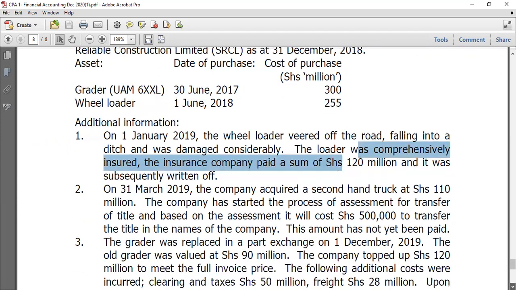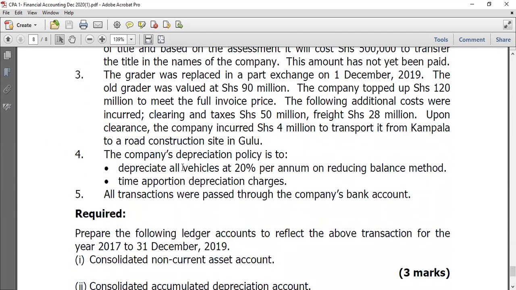Now, the depreciation policy tells us that we should depreciate all vehicles at 20% per annum on reducing balance method. So for us to calculate the depreciation for the grader in 2018, which is like its second year, we should get 20% and multiply it by the reduced balance or the net book value or the carrying amount, okay?